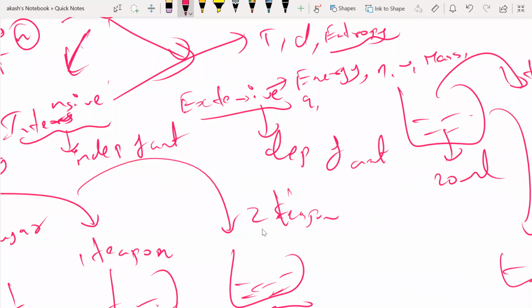Using these intensive and extensive properties, you will describe how a system is going to behave if I do something. For example, there is a way to describe a person like this also: if you lie to him, he is going to become very angry. Similarly, if you increase the temperature of the system, this much volume will increase, or the number of moles will change.